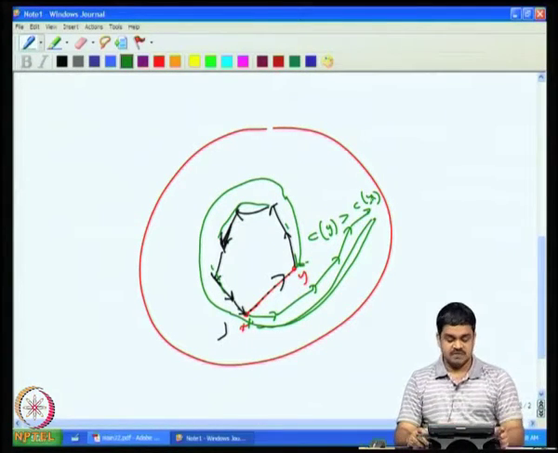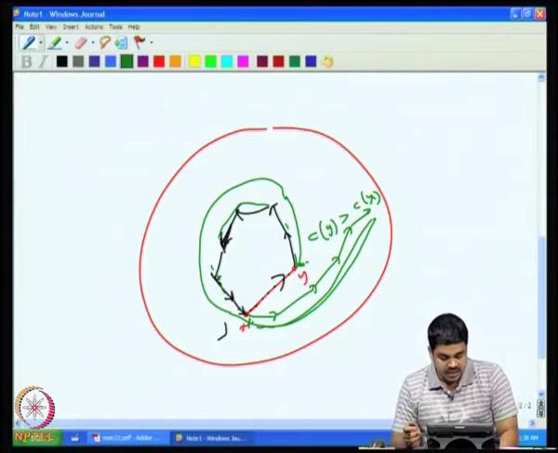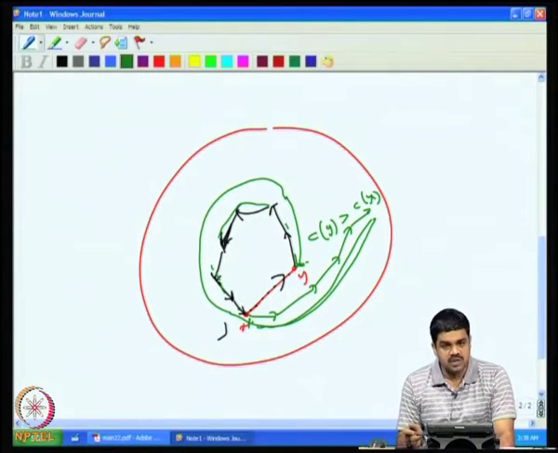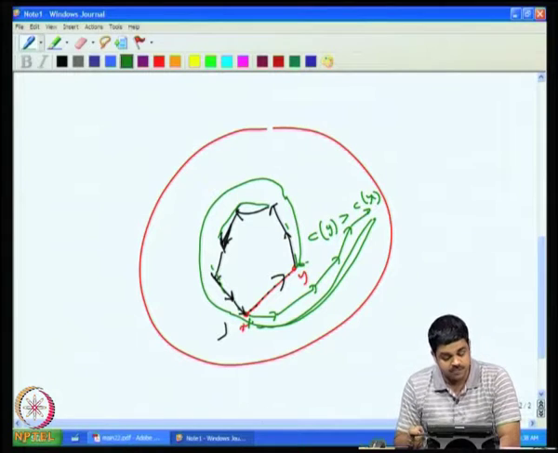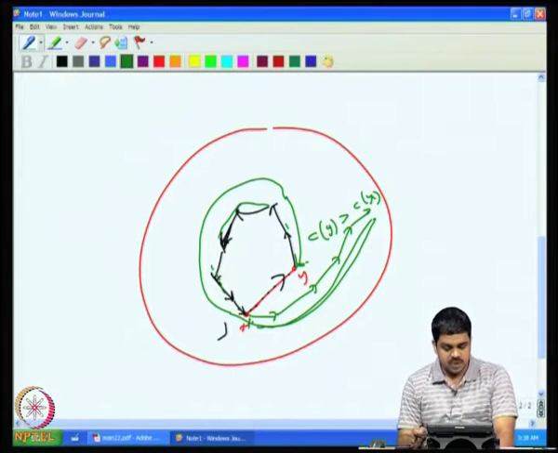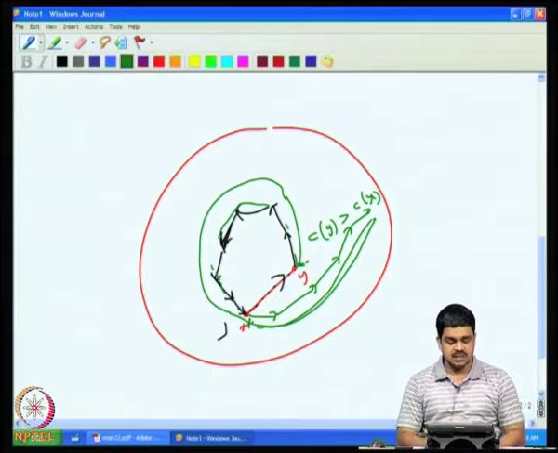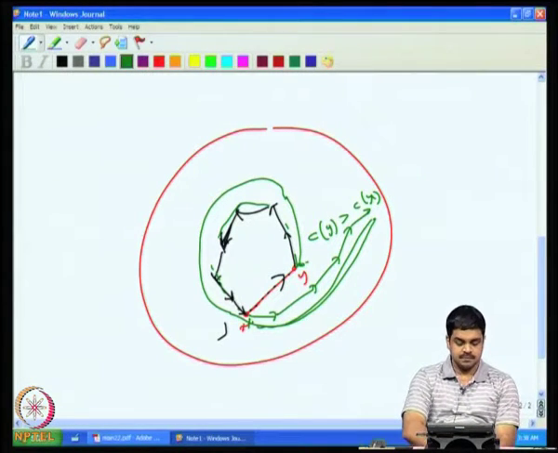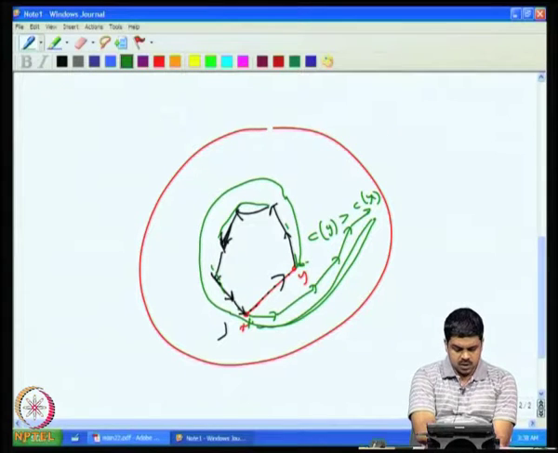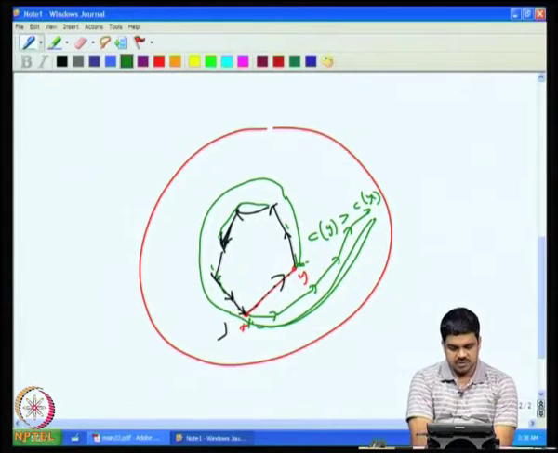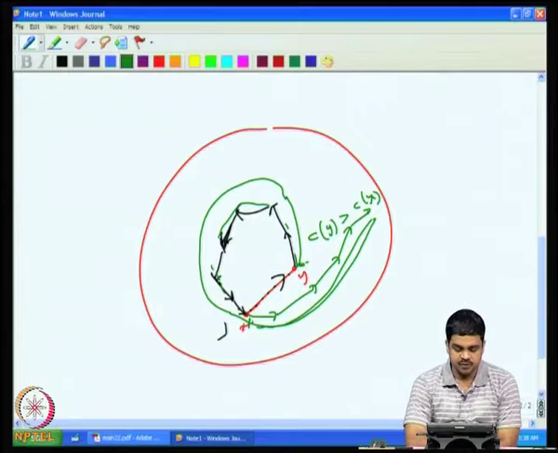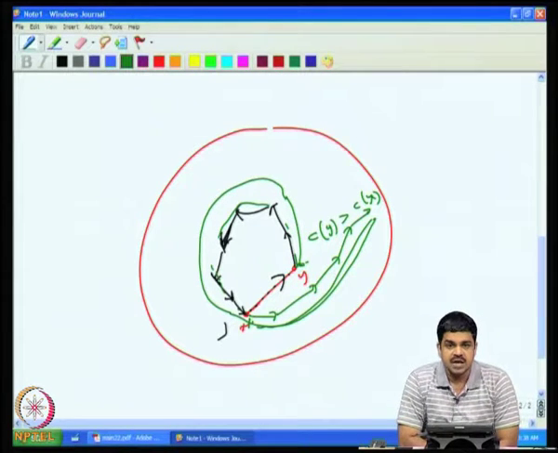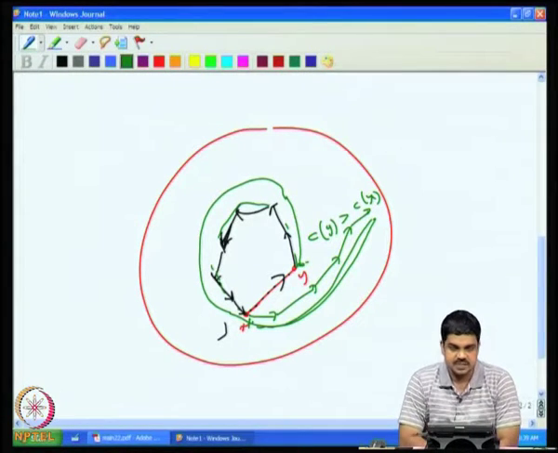So, in both cases, whether an edge of D is in D dash or not in D dash, the color of x has to be different from the color of y. Therefore, it follows that this coloring strategy gives a proper coloring for the vertices of D, and because it is a proper coloring, the number of colors used is at least k.